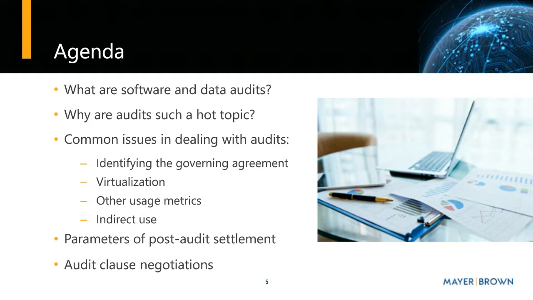That's obviously a hot button issue for vendors that want to maximize the value that they're getting from their licensees' use of the software. We'll talk about other usage metrics that lead to audits, as well as the issue of indirect use of software and derived data. So all of those are topics that take place during the audit.